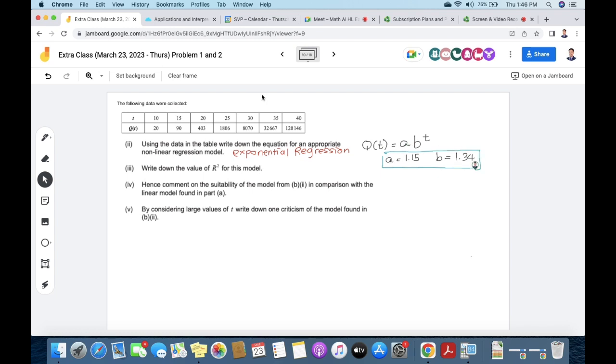From here, we can now determine our equation of exponential regression. So Q of t is equal to 1.15 times 1.34 to the power of t. Okay, so this is now our equation.